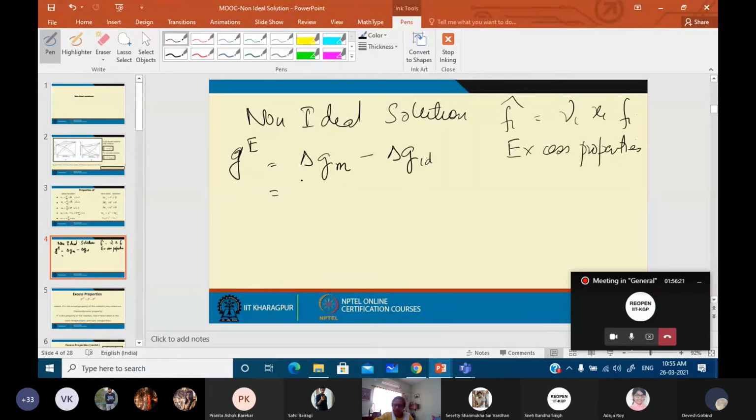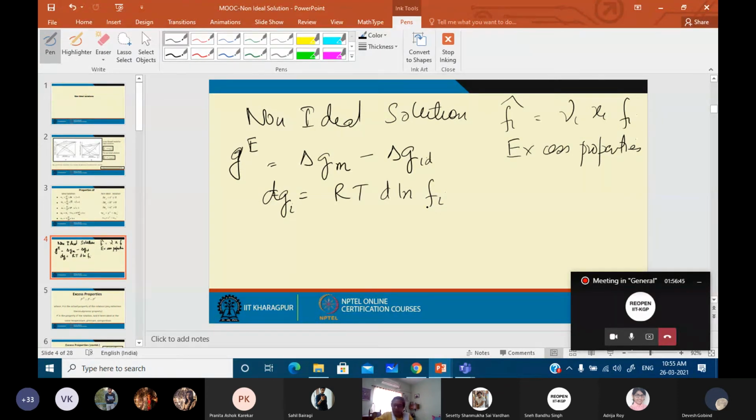So I'll elaborate to find delta GM. I'll start again from the basic equation dg equals RT d ln fi, for any particular pure component. Now, when I am dealing with component i in the mixture, how does this equation change?